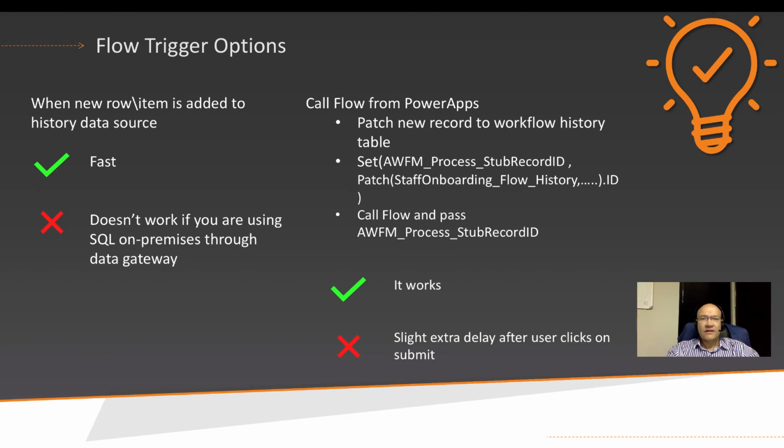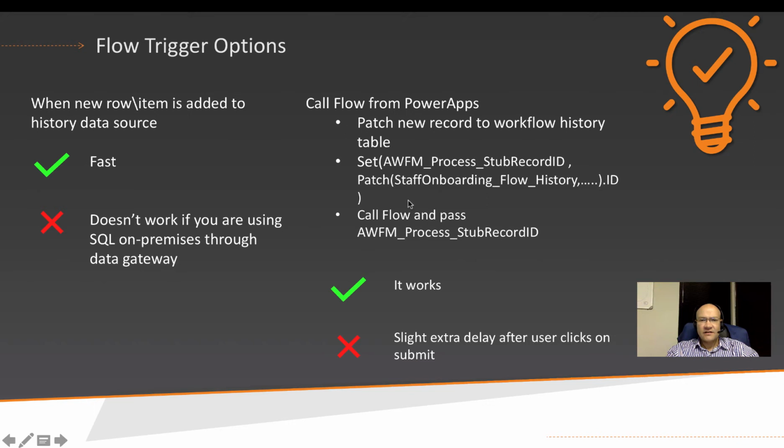so I'm sure that the flow team will get to it. But right now, if you use that, you'll have to use the second option, where if you're using an on-premises SQL server to store your workflow history, you'll have to patch the workflow history table with your new record, and then you'll set the value of a variable to contain the row ID for that item that you've added.